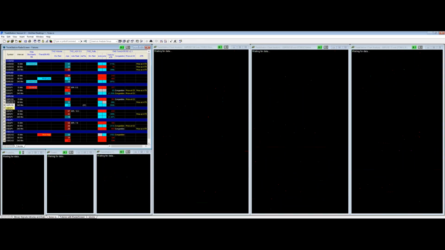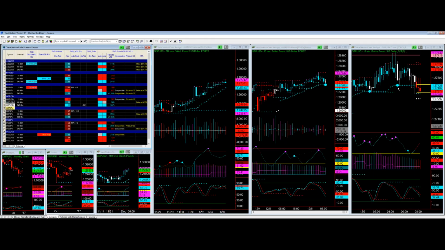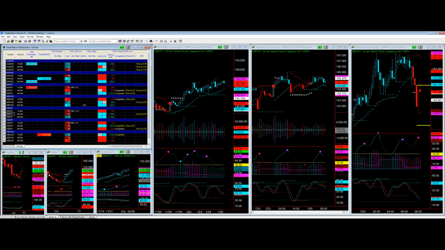The British pound dollar, also giving you an entry signal on the 60-minute. Again, you would have to go out until 3 p.m. In fact, all of them right now are coming in on the higher time frames. This is close enough to the ATR to take a trade because it's telling me that right here.